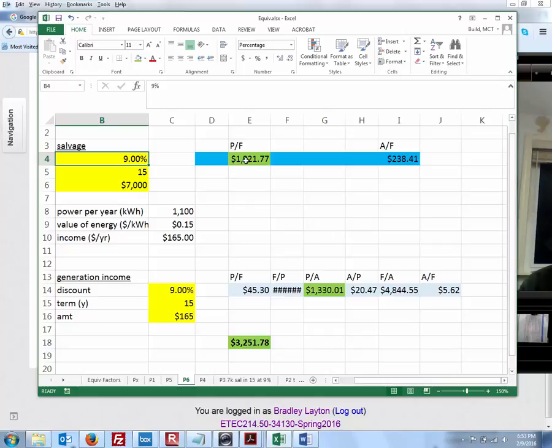So, in that sense, you could take your $1,921.70 now and invest it in something that's going to pay back at 9%. Or buy your PV array.